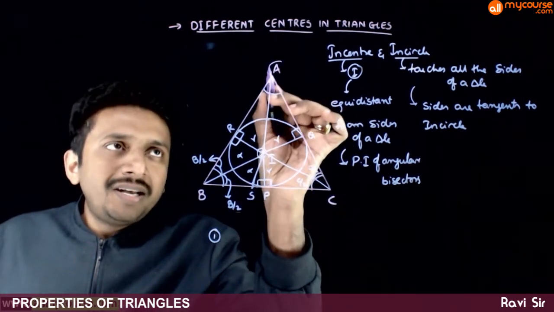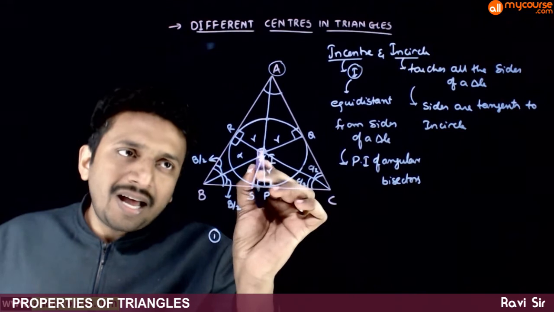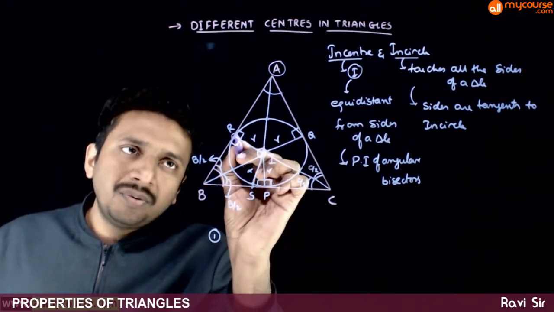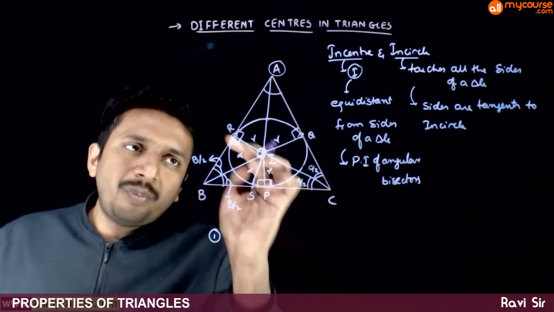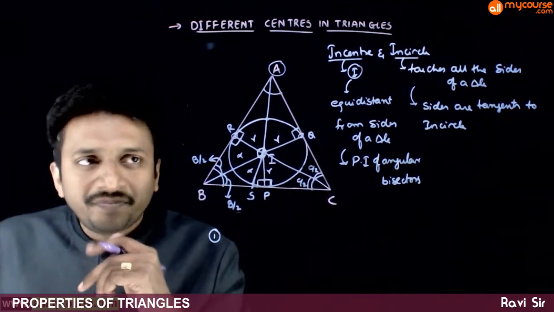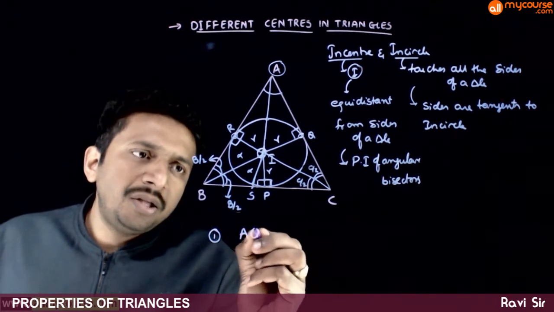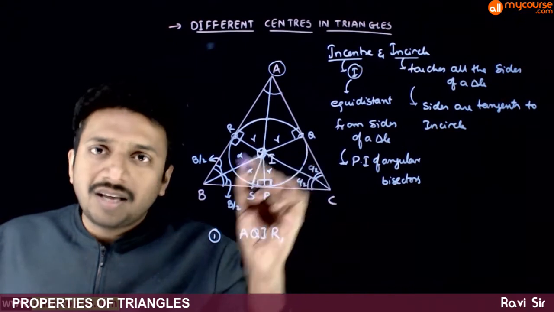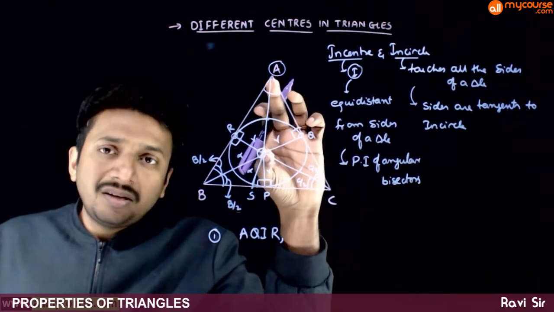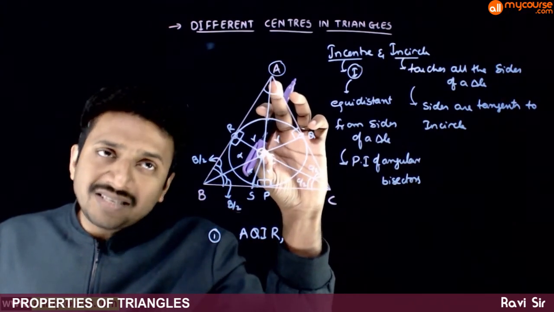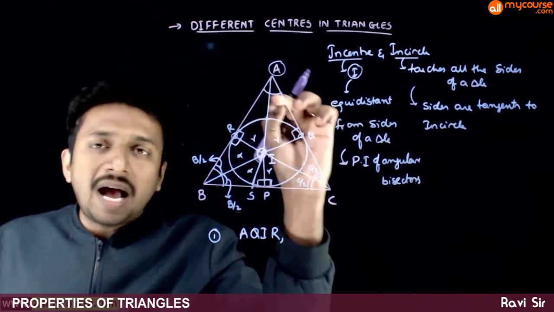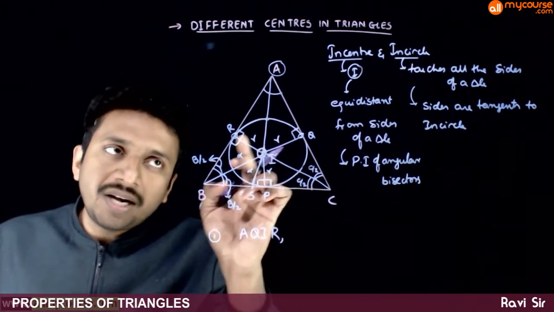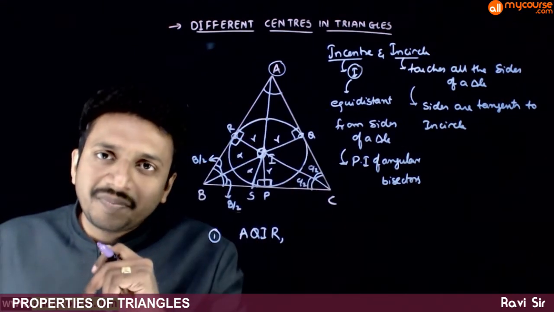The point A, the point I and the feet of the perpendiculars R and Q, these four points A, Q, I, R will always be concyclic, because if I draw a circle with AI as diameter, it will pass through R and Q since both these angles are 90 degrees. So the sum of opposite angles is 180, hence these are concyclic.